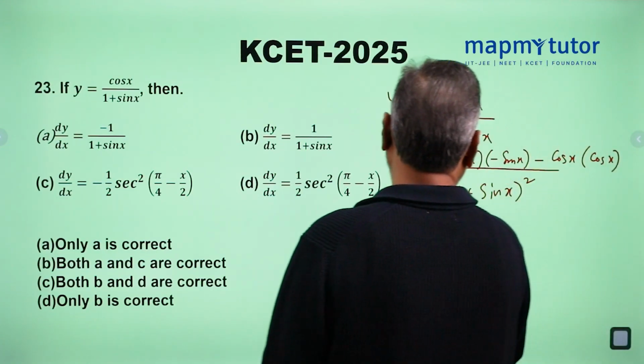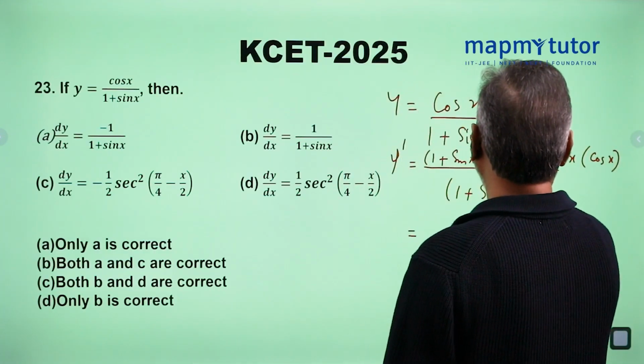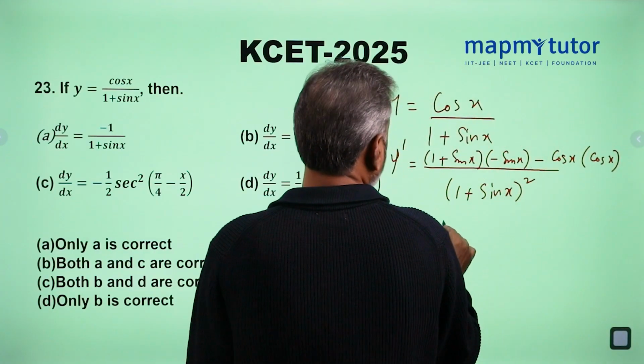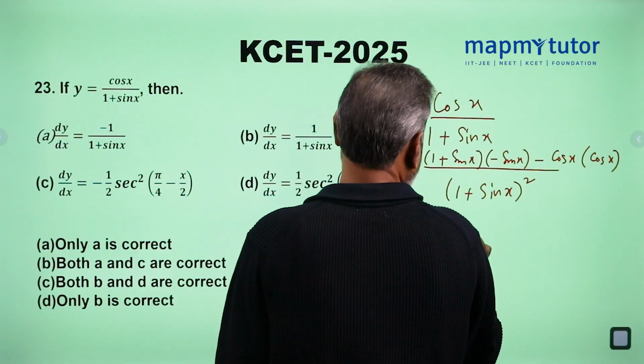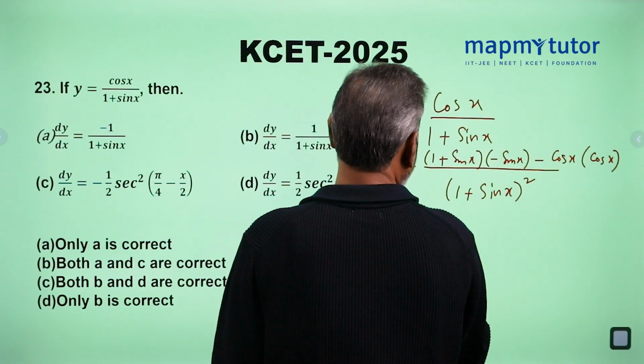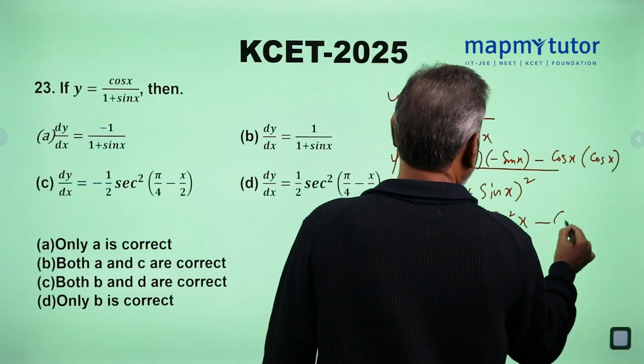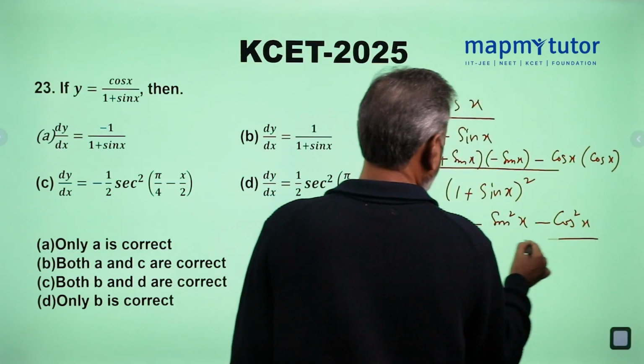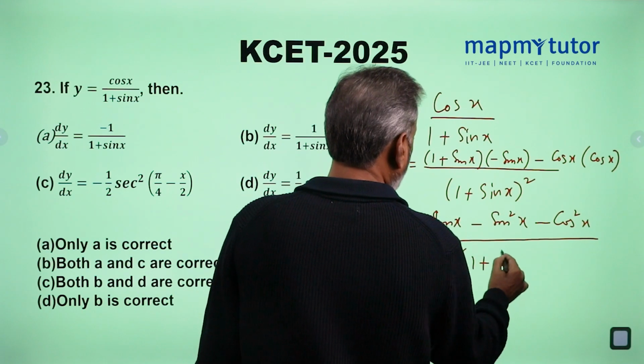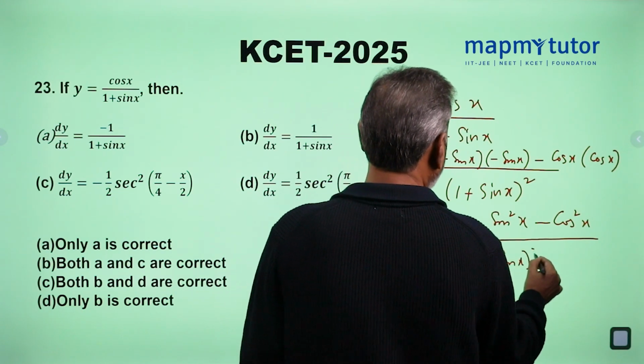Okay? And if you simplify, 1 minus sin square minus cos square, that is minus sin x, of course, minus sin square x, yes, minus cos square x. I expanded it, okay? And denominator 1 plus sin x whole square.